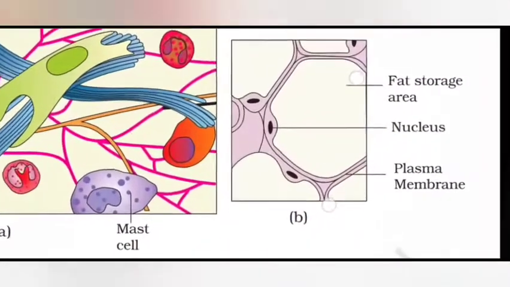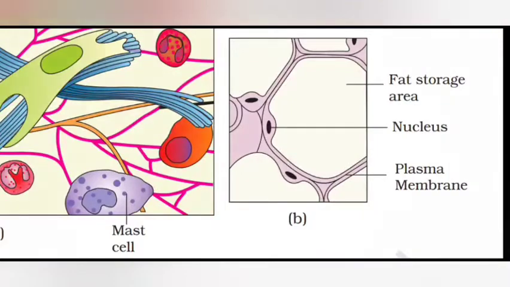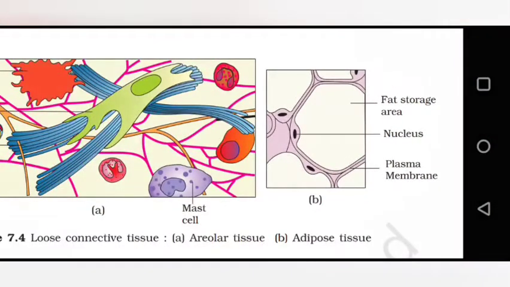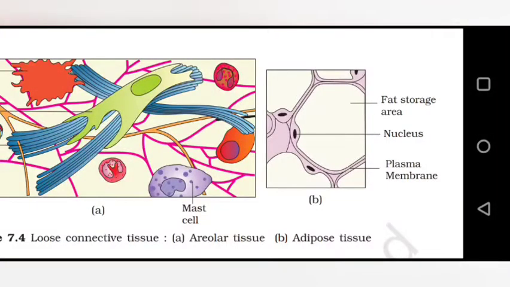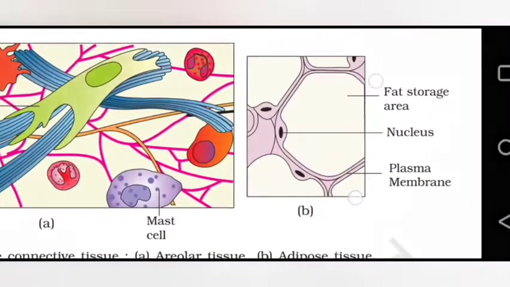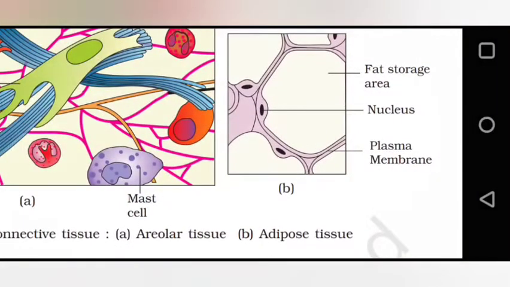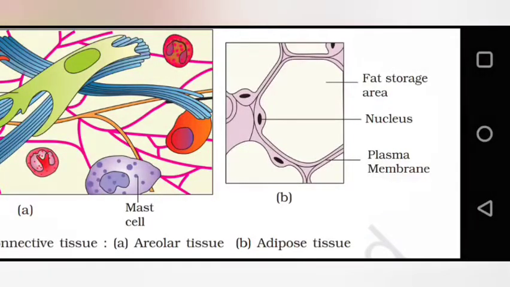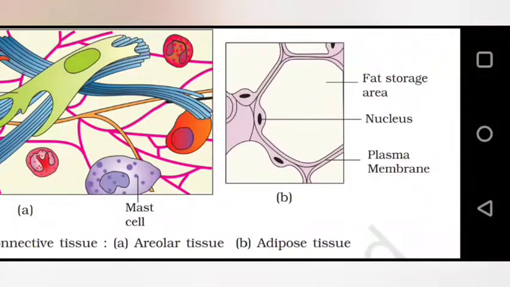Next are the adipose tissues. Adipose tissues are actually the fat storing tissues. They provide a kind of protection to the very important delicate organs in our body, and also they give contour to our body. Wherever there is a padded part in the body, a very flexible and supple part, that is because of the storage of these adipose tissues.